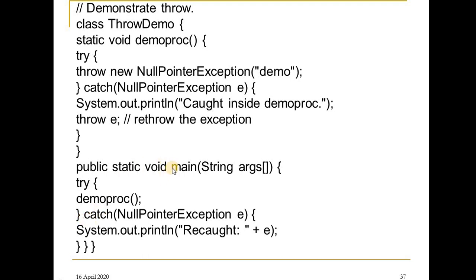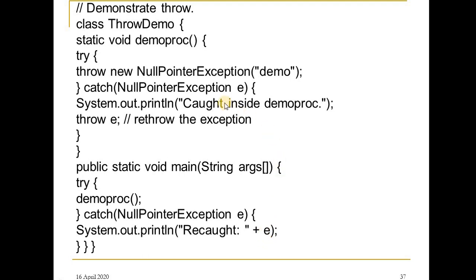Since main has called the demoProc method, that exception will be caught by the catch block of the main method. Since this catch block can also handle the NullPointerException, it is recaught inside this catch block and the value of that exception object will be displayed.